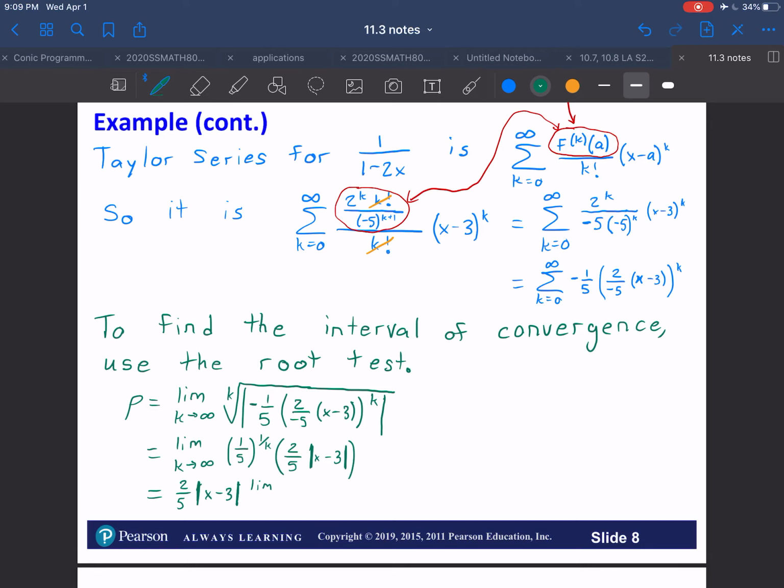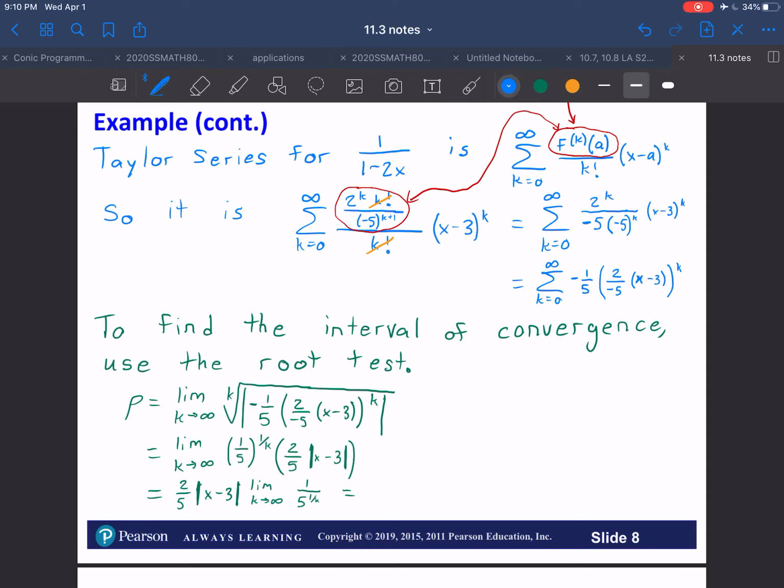times the limit as k approaches infinity of 1/5 to the 1 over k. This is really just 1 over 5 to the 1 over k. Alright, so as k approaches infinity, this one will look a little bit weird. As k approaches infinity, we get 5 to the 1 over infinity, which is 5 to the 0.